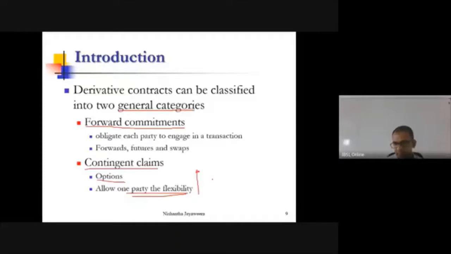But if you make a claim, and the claim is in line with the agreement that you had with the insurance company, then the insurance company is bound to pay you that amount according to the agreement. So the buyer of the insurance has some flexibility either to make the claim or not to make the claim. But if a proper claim is made, then the insurance company has to meet that obligation. So it's a contingent claim.